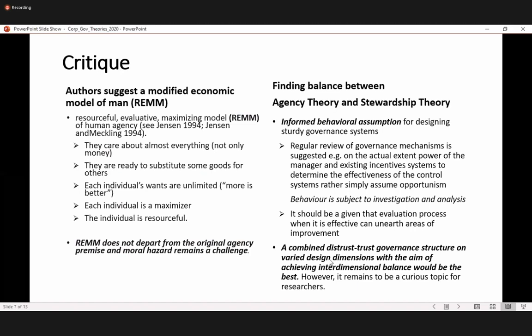But of course, it remains a very interesting, curious topic for researchers. So it is to find a balance, and that balance can be achieved by regular evaluation, review, analysis, and audit of the governance mechanisms.